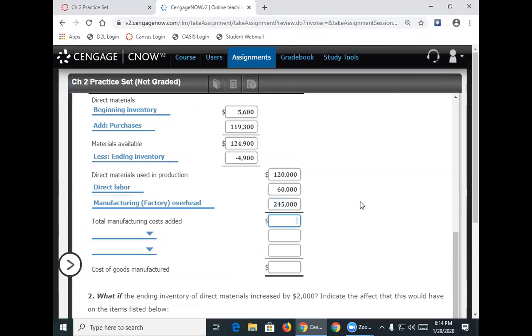So I'm just adding up these three first. Which is what? 425,000.